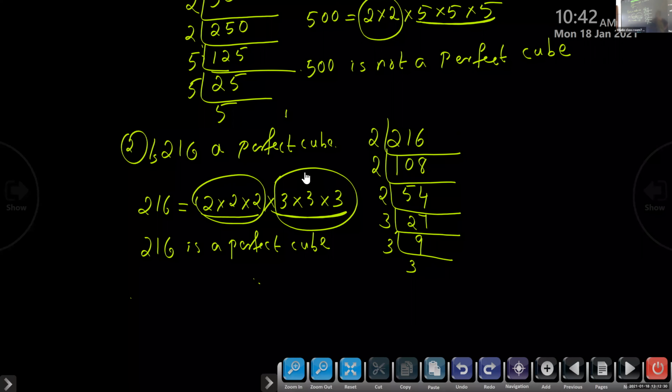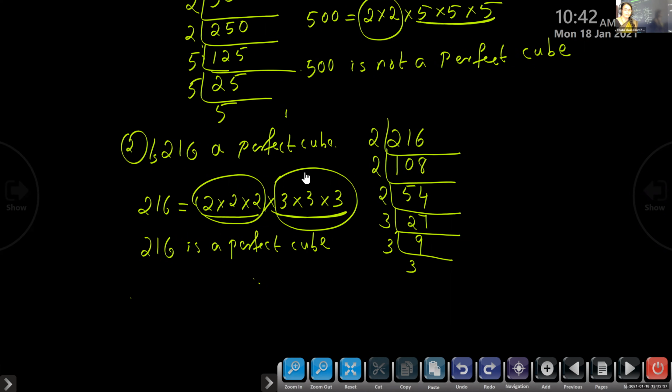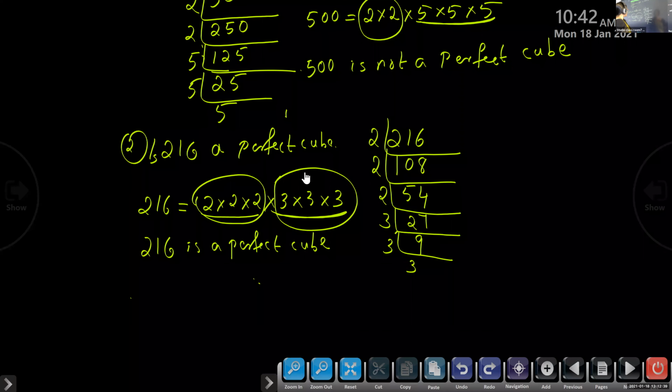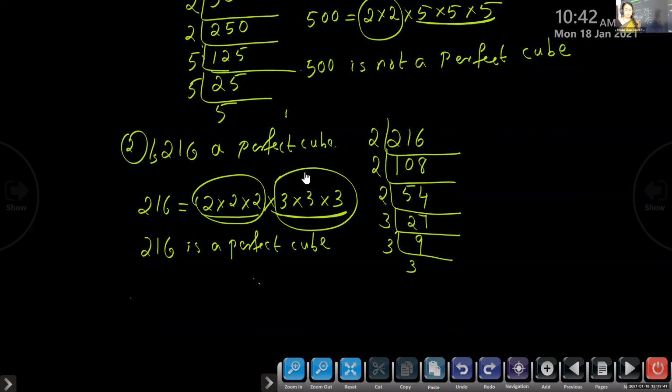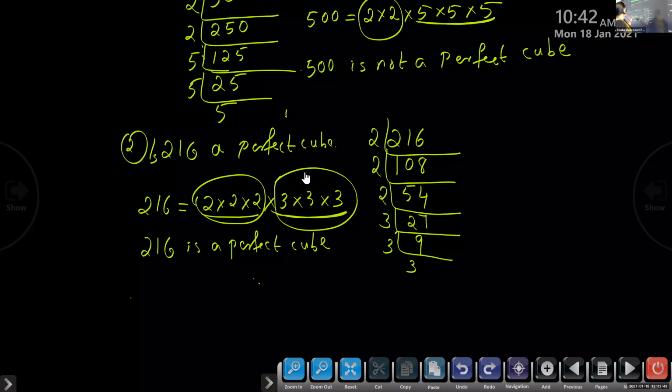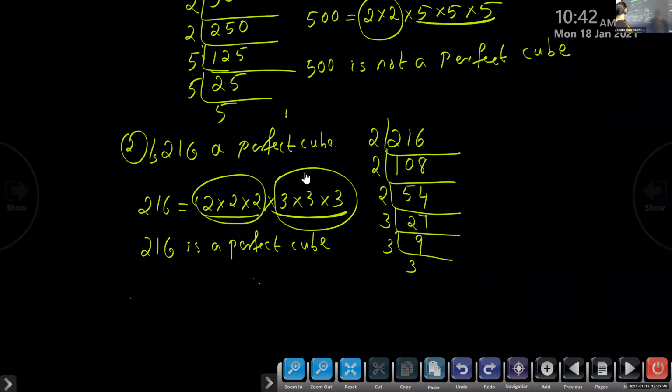And in the case of 216, 2 into 2 into 2, 3 into 3 into 3. The prime factors are 2 and 3. Both the prime factors can be grouped into 3. So 216 is a perfect cube.